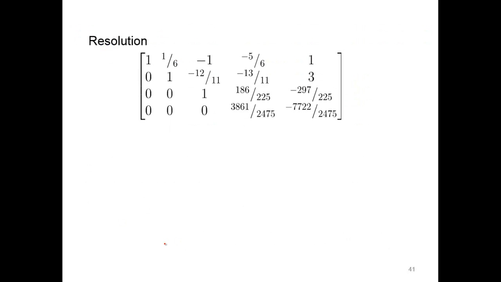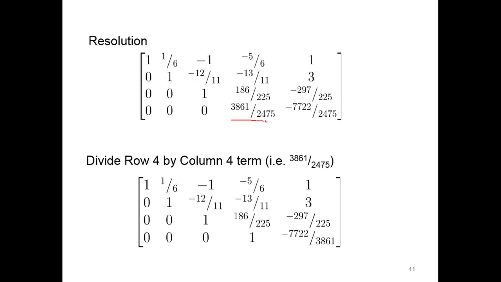All right, so resolution there, we got a 0. And now we still want to get a 1 here in this last spot. So we're going to divide through by 3,861/2,475 to get our 1 right there. All right, so that gets us in a good spot here.